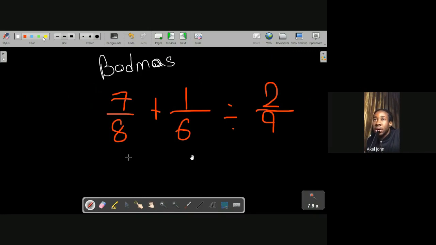It tells us what we're doing first. It says brackets, of, division, multiplication, addition, and then subtraction. So clearly we have to divide first before we can add. Therefore we have to do this portion of the fraction first.